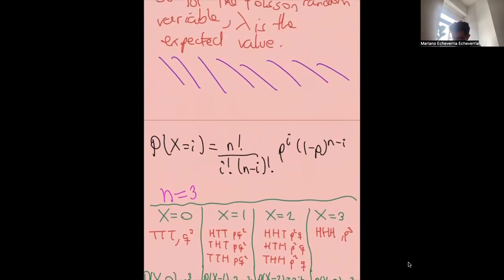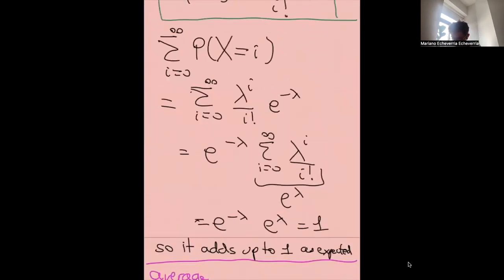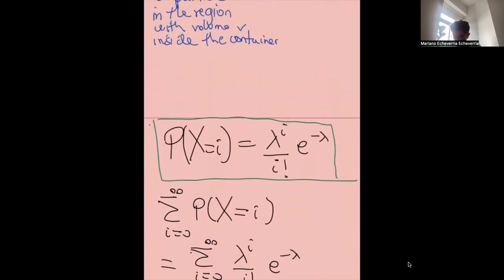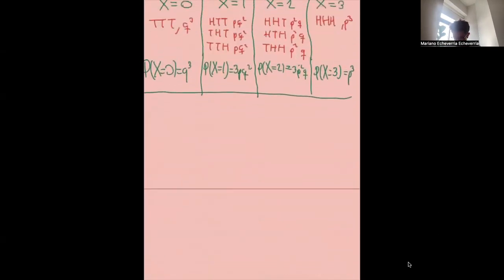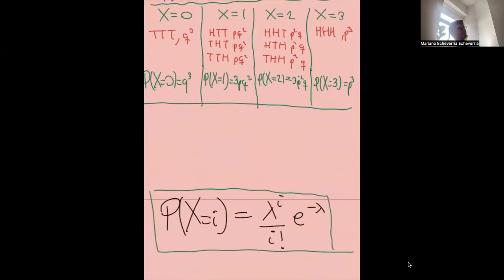But then look at the Poisson one. Lambda was n times p, right?